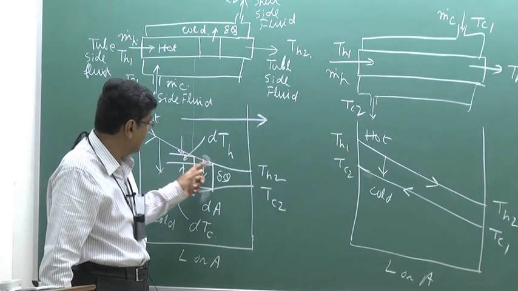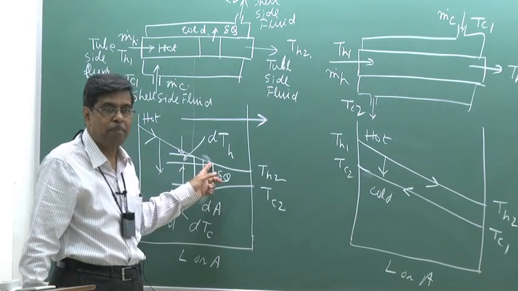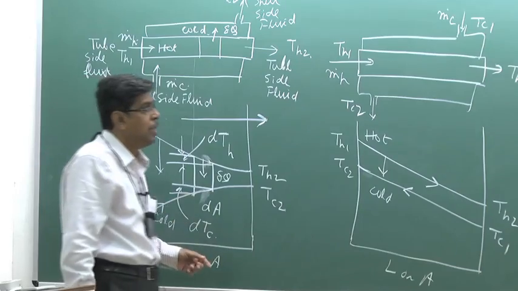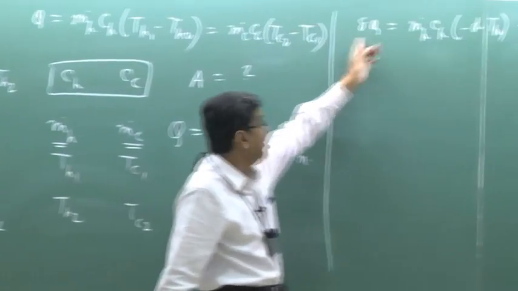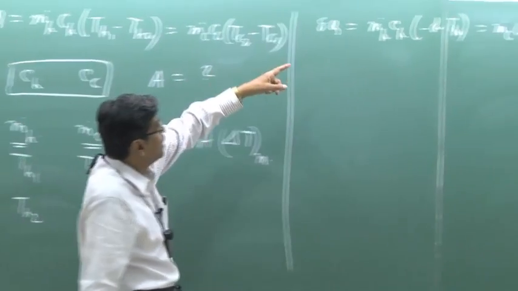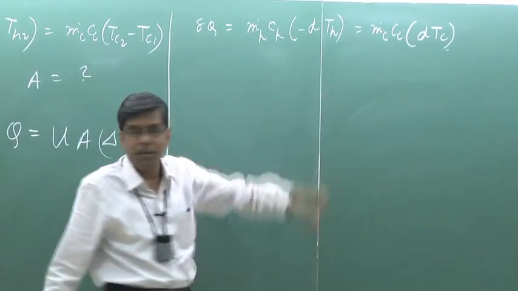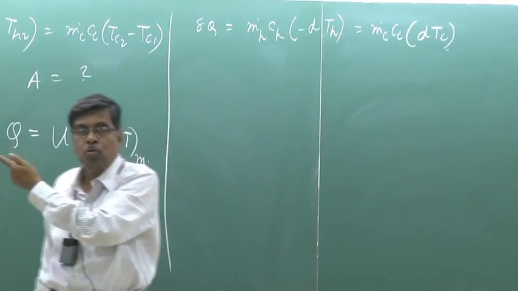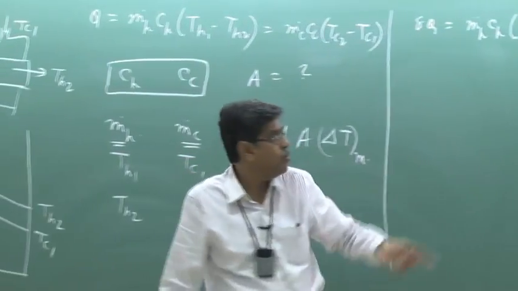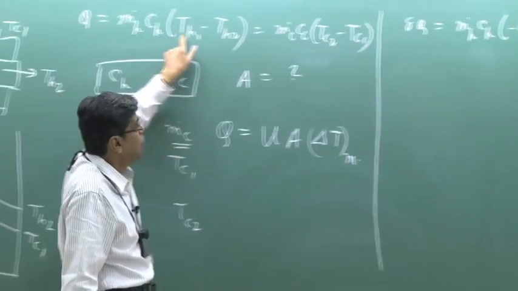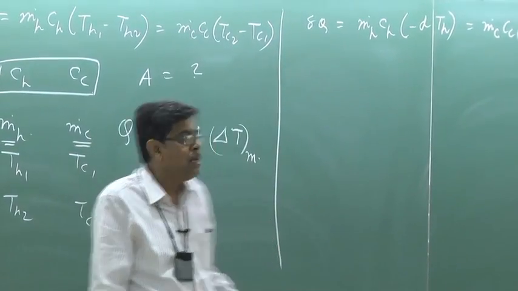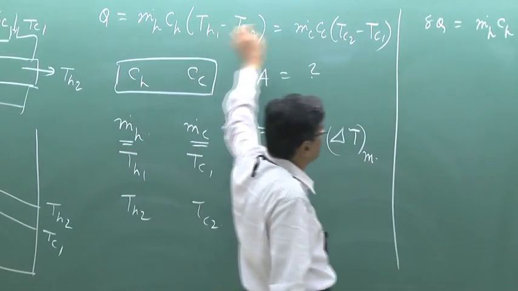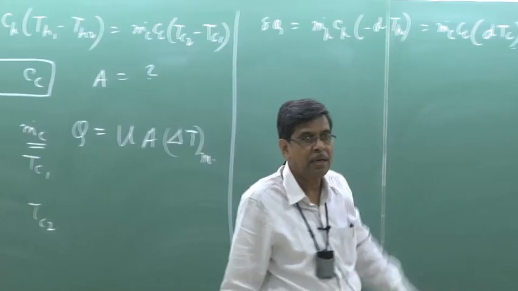It is interesting to see that if you integrate this equation, integrating minus dTH in the direction of the flow gives TH2 minus TH1, so the minus of that gives this, and dTc gives TC2 minus TC1. That means we are simply writing a differential form of this equation here.